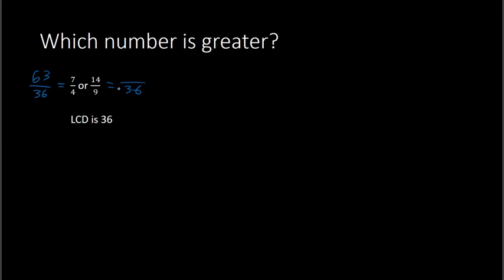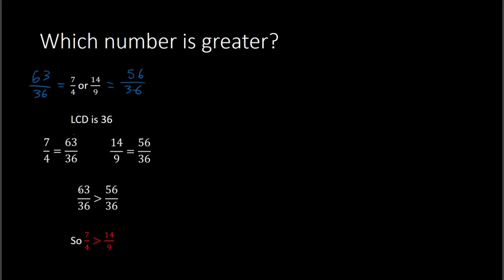The other fraction, 9 times 4 is 36. 14 times 4 is 56. So my two fractions would be 63/36 and 56/36. And clearly the 63 is bigger than 56, so therefore the first fraction is bigger. In the first fraction, the equivalent expression of this was 7/4. So 7/4 is bigger than 14/9. So that is the long way.